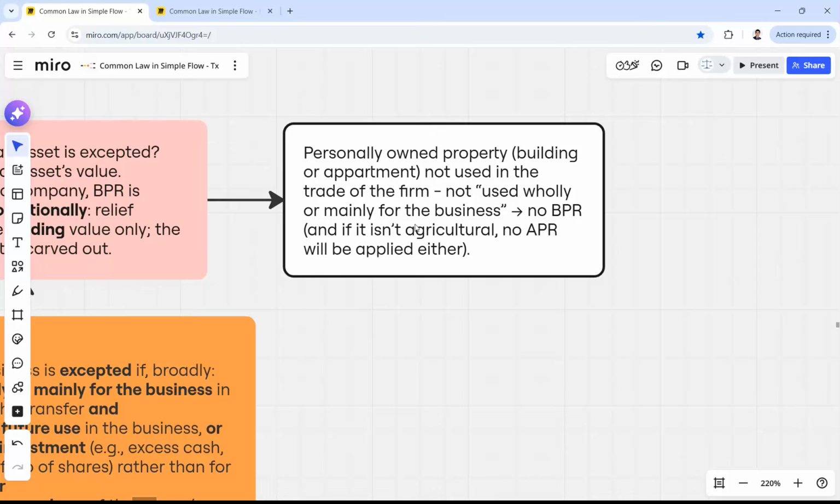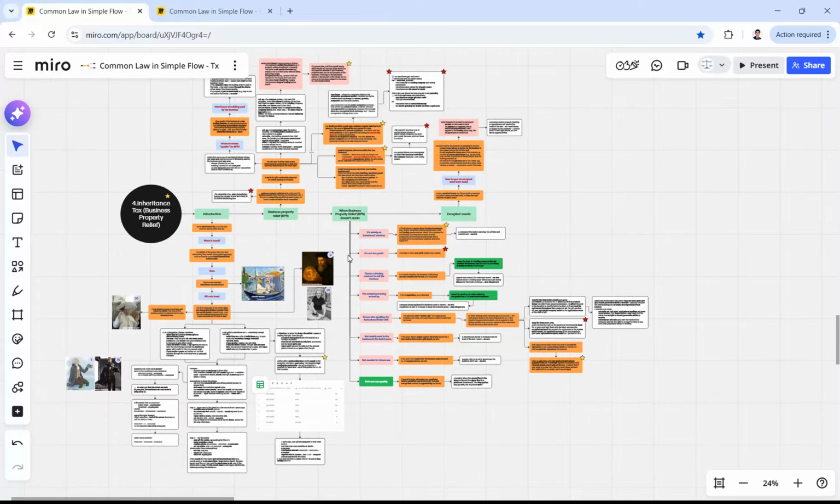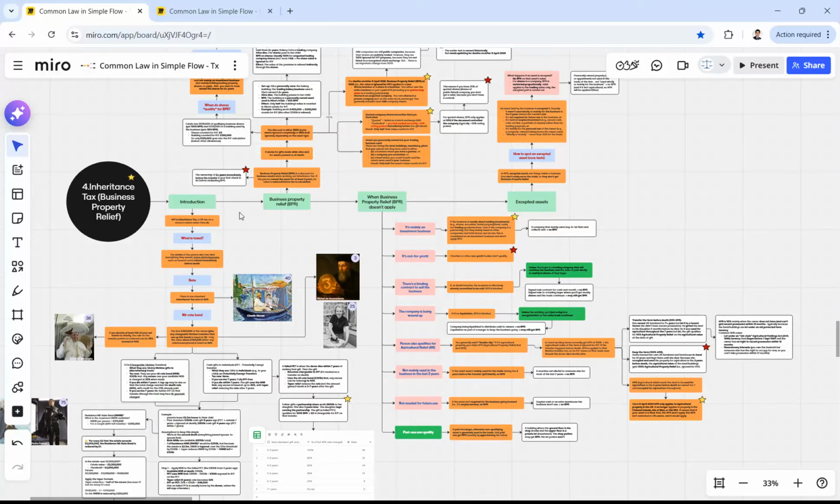When you use personal property, it will not be a target for BPR. The personal property can only be a target for BPR if you used your personal property with another of your businesses, or if you have used it for agriculture. That's the main exception.